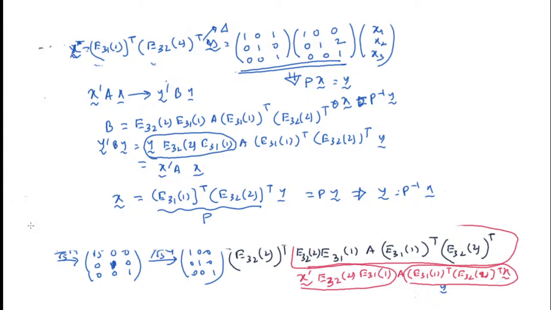So this is y1, y2, y3. Okay. Please correct this thing: P y curl equal to x curl. This implies y curl equal to P inverse x curl. Thank you.